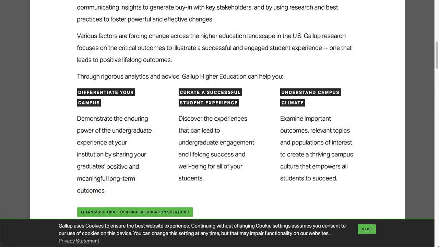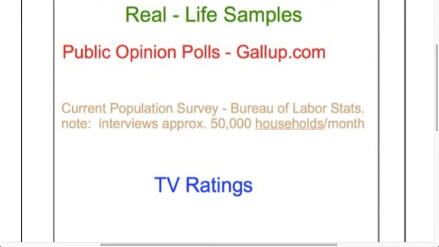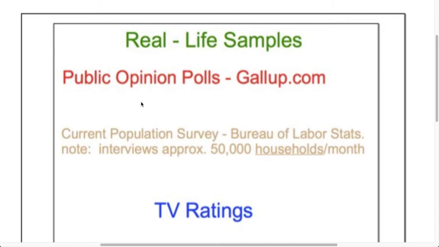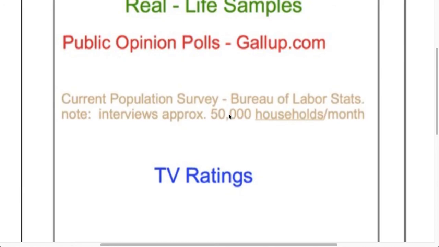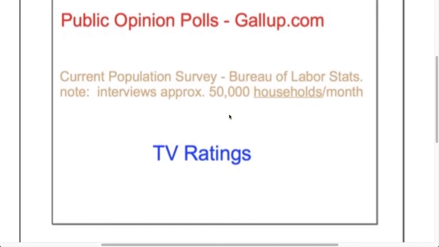Anyway, what the Gallup poll does is they collect a sample of about 3,000 people on various topics, and then just produce data based off that. In their polls, they will tell you what the margin of error is, so that you take that data and consider it with the margin of error. Again, the Bureau of Labor Statistics takes different types of surveys of households, and they try to get 50,000 a month and collect different data, economic type stuff.